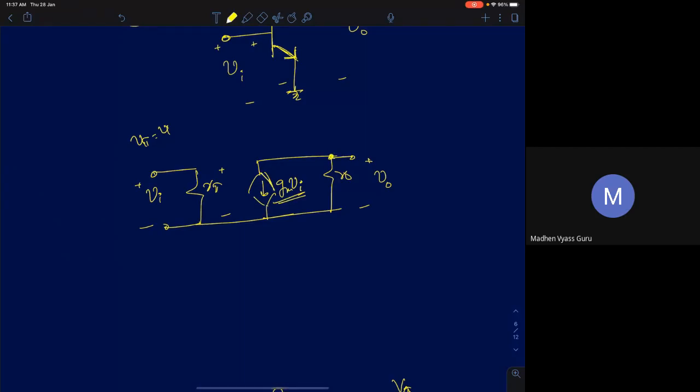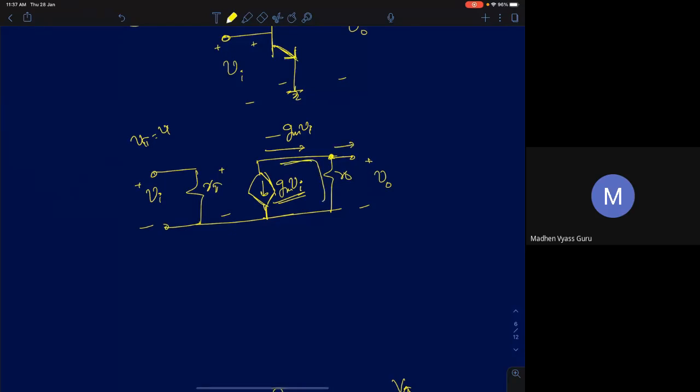See guys, I can write KCL and solve this problem, but I want you to visualize it this way. The current flowing to this node is gm Vi. Instead, I can say the current flowing through this side is minus gm Vi. This current cannot flow at the output because it's open.